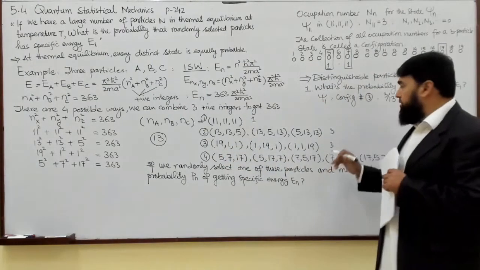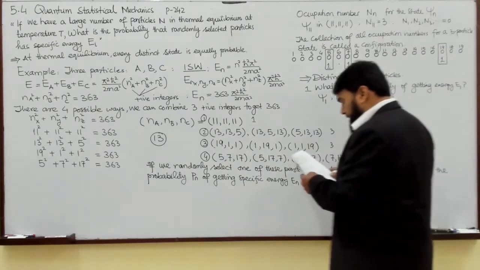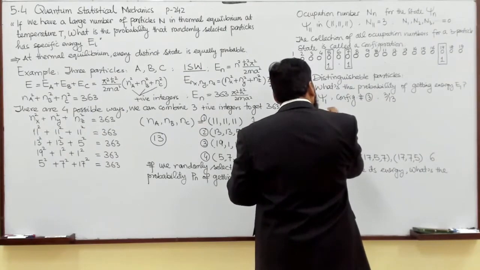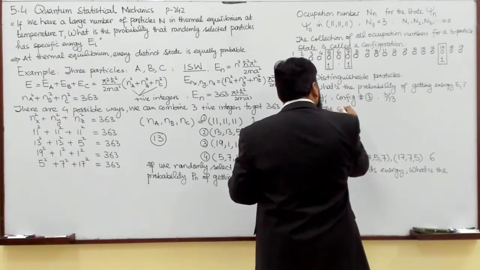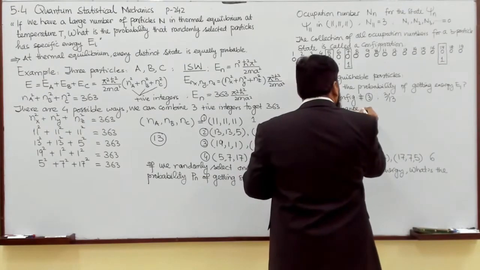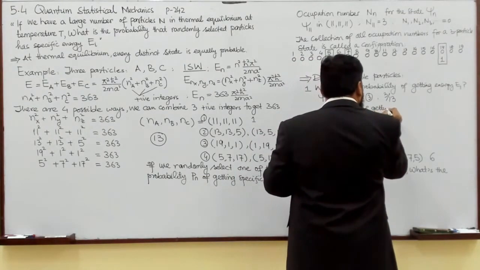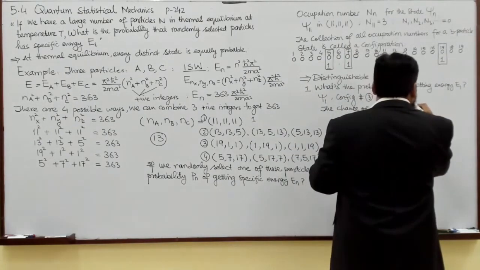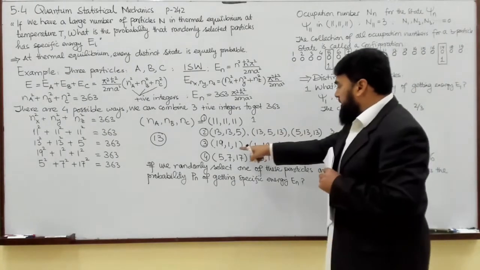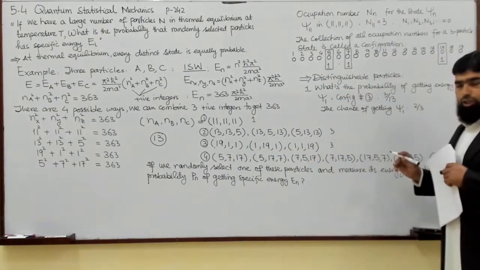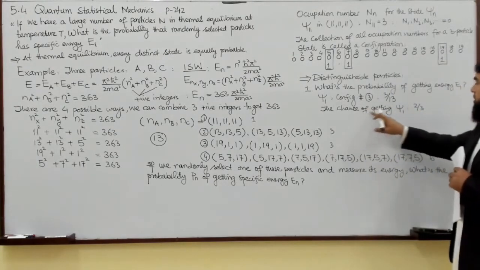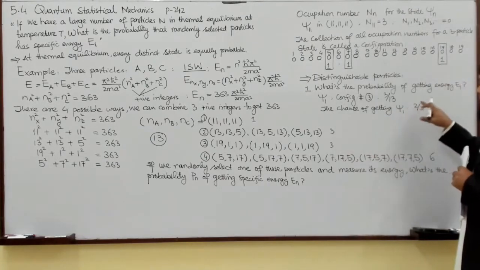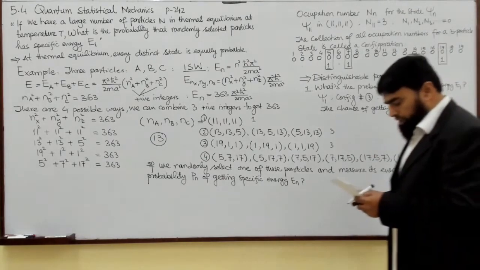So the chance of getting psi 1 in configuration number 3 is 2 over 3.